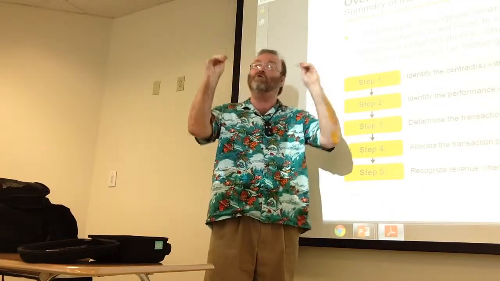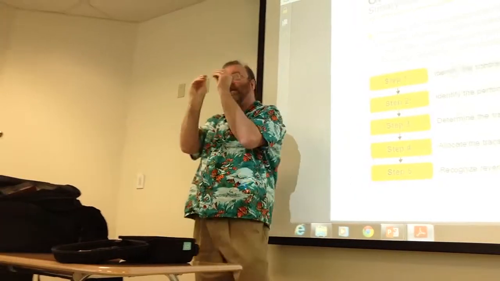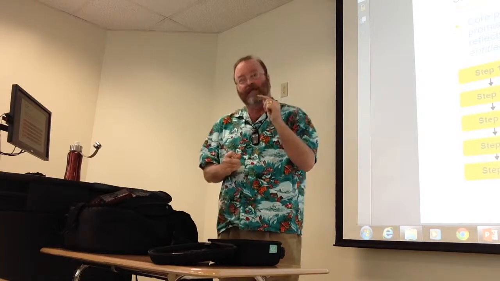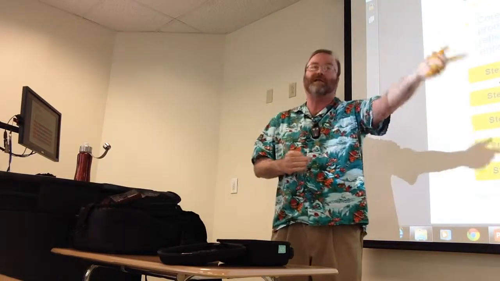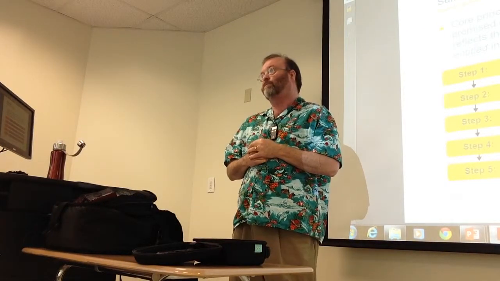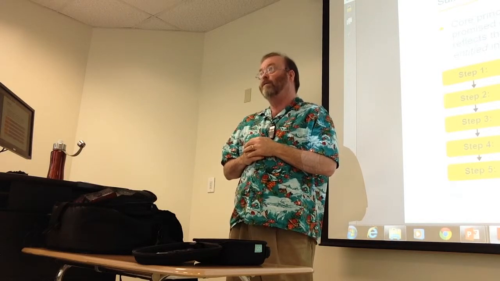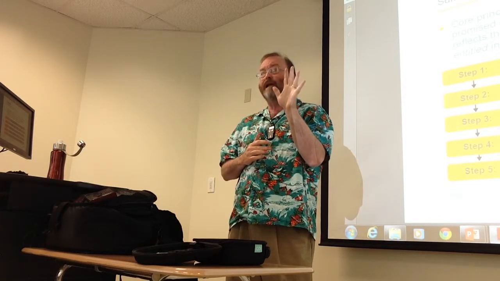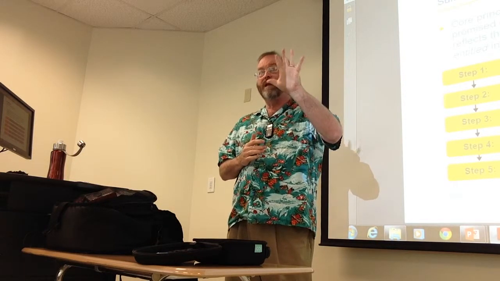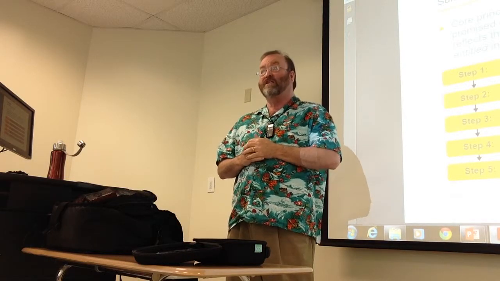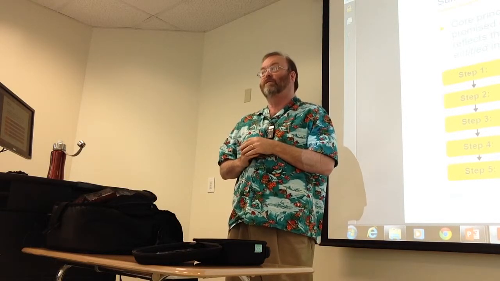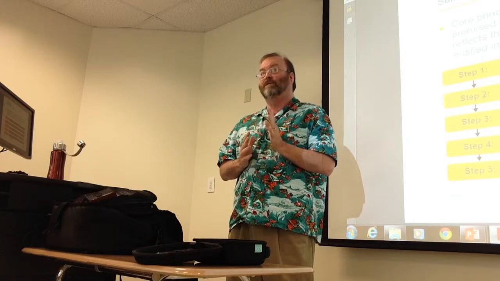And then as you complete the individual obligations, then and only then do you get to take the revenue. Okay? So that's the 5-step model that the world is getting ready to adopt this year. All right?